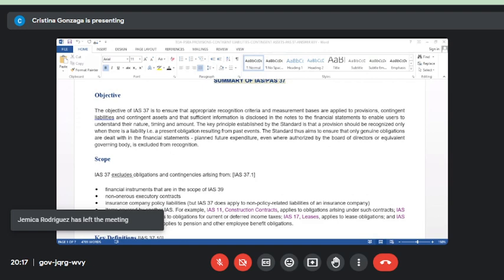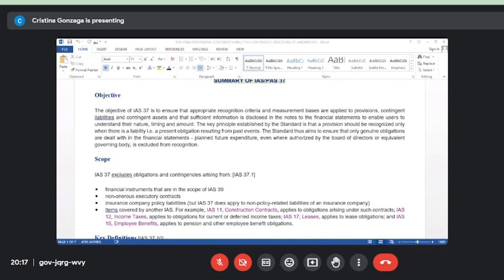That an outflow of resources embodying economic benefits will be required to settle the obligation. Talaga magbabayad tayo. Okay, and that the amount of the obligation can be measured reliably. Otherwise, kung hindi ma-measure reliably, paano ka gagawa ng journal entry walang amount?